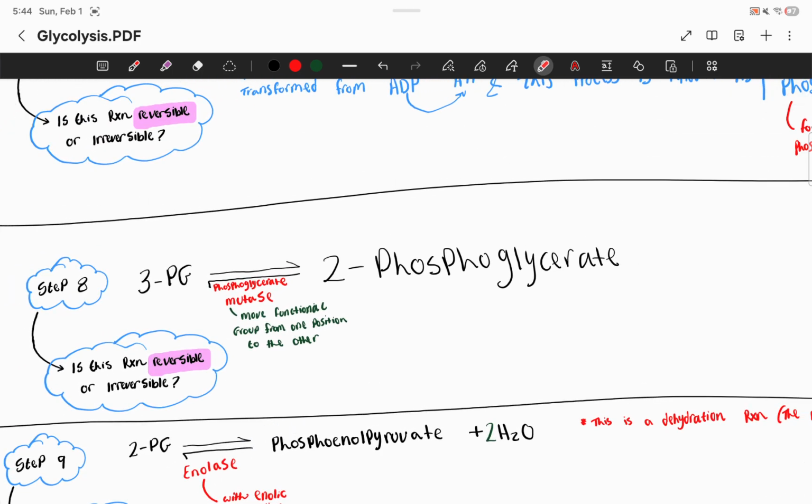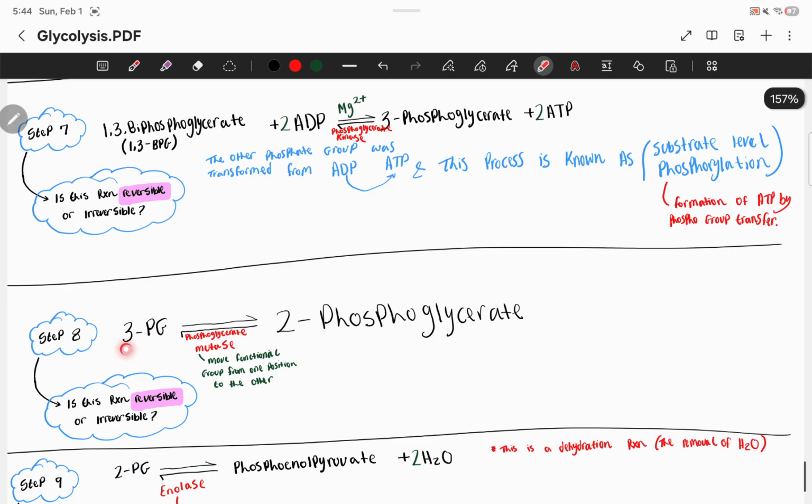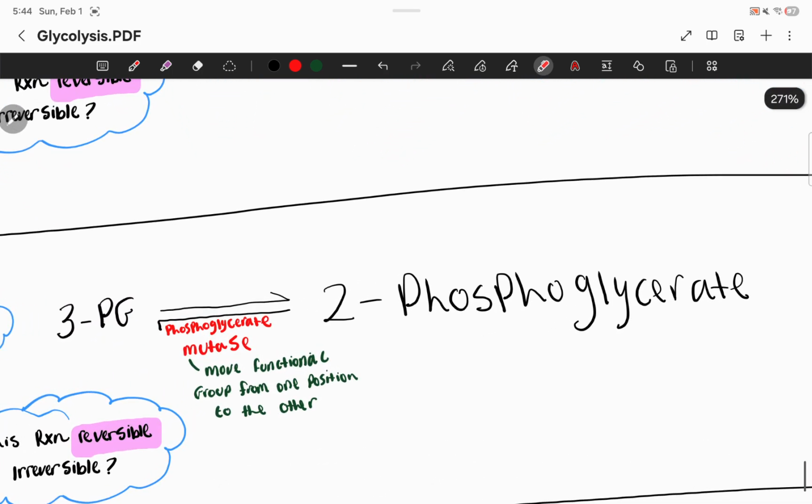Step 8 is basically reversible. Just memorize that steps 1, 3, and 10 are irreversible, and the rest of the steps are all reversible, meaning they go both ways. So now we have the 3-phosphoglycerate being transformed into 2-phosphoglycerate.